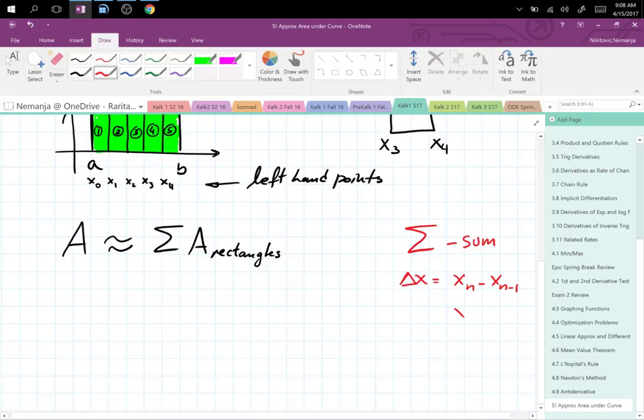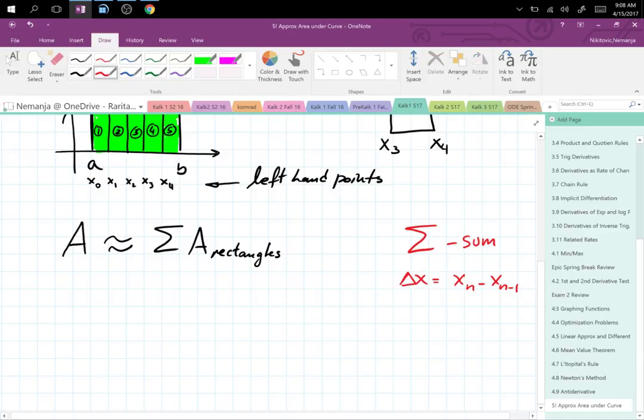So an example, x3 minus x2, okay? So it's the difference of two consecutive points. The length in between could be any value, could be 1 unit, could be 3 units, could be half a unit, whatever it is.